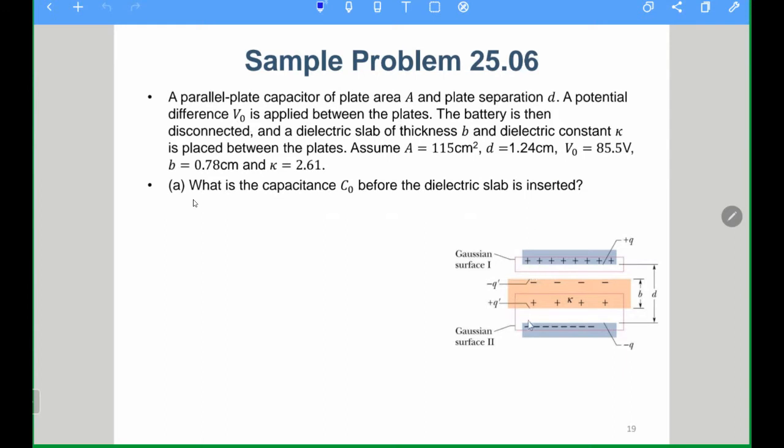So there is a potential difference V0, and then the battery is disconnected. So just similar to the previous case.